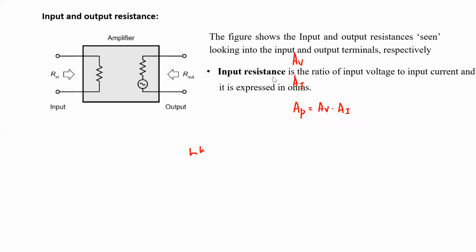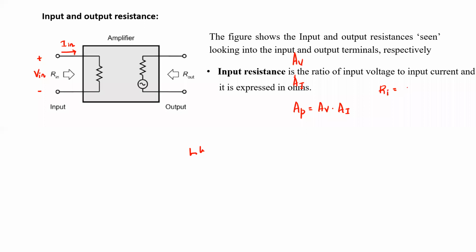What is input resistance then? If you have to give it as a definition, input resistance is the ratio of input voltage to input current. It is expressed in ohms. What is input voltage here? That's not written, so it can be shown here. This is the input voltage, and this is the input current, I in. Suppose Ri is the input resistance.